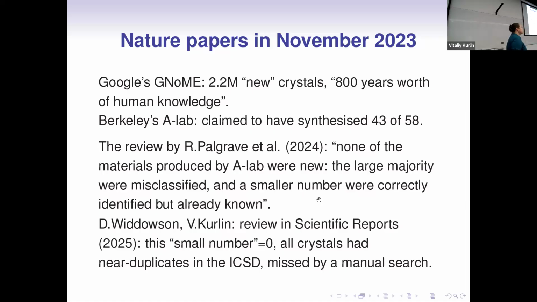Unfortunately, it again was a fairy tale, because the paper by Dan Widdowson and Vitaly, recently published, demonstrated that essentially this 3 is equal to 0, because all crystals had previously known duplicates in databases, and all of them were not new.